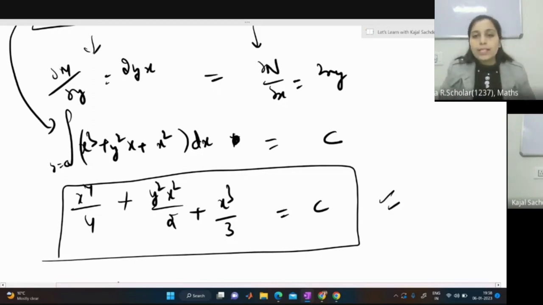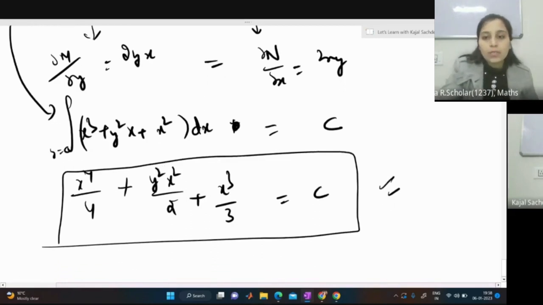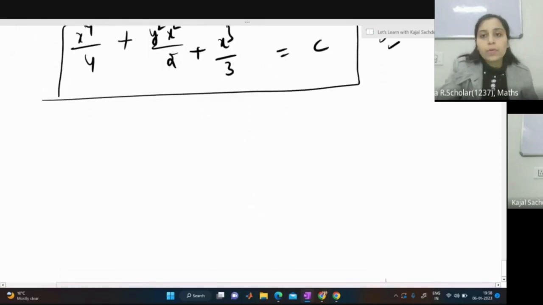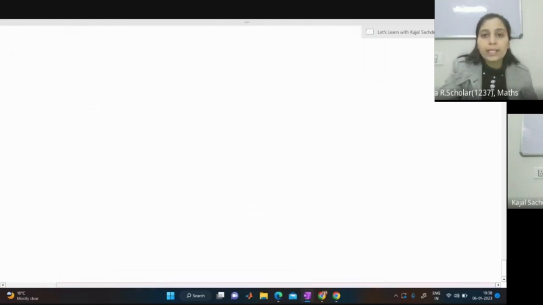So here we can see that if the equation is not exact, then we can make it exact by finding an integrating factor. We have four rules for getting an integrating factor. The first rule has been discussed. Now we have a question on the second rule.